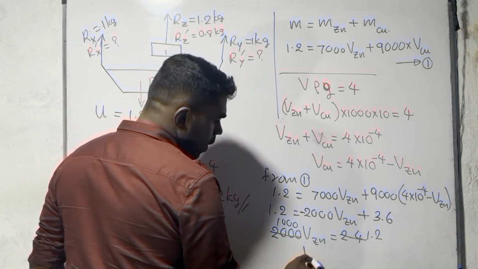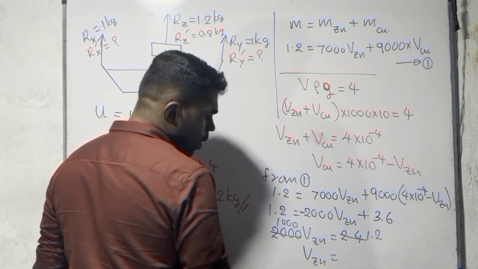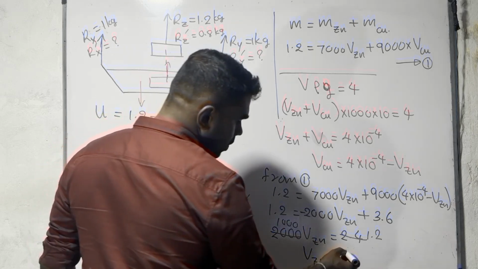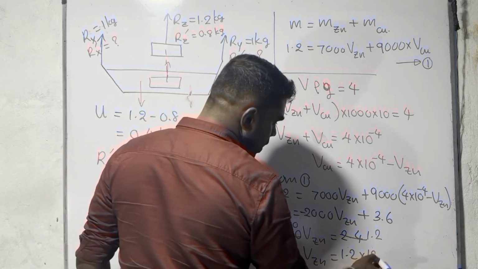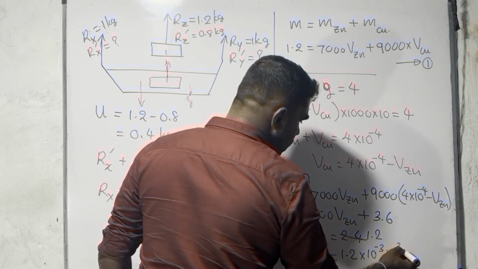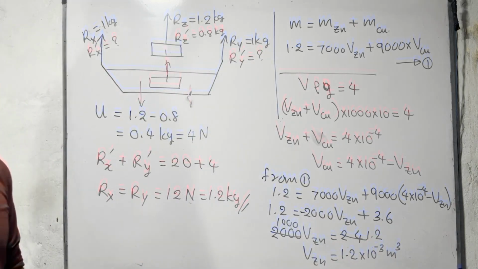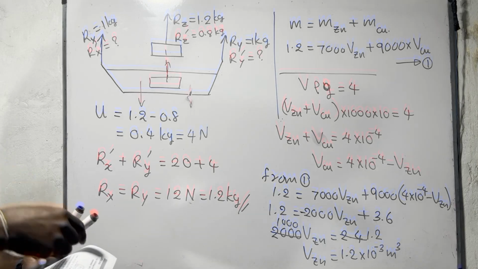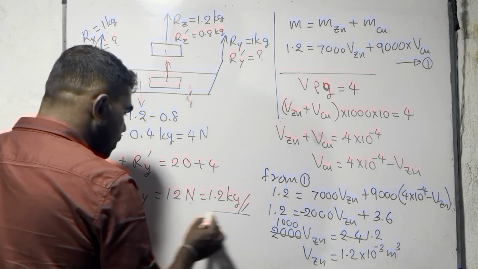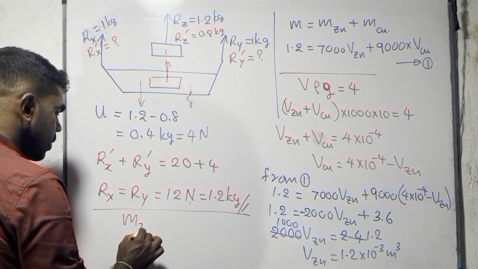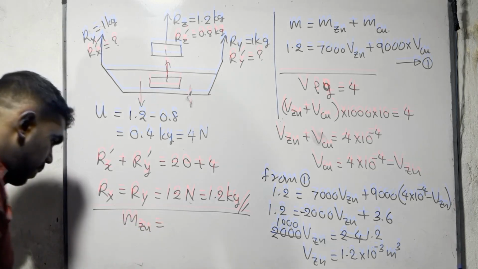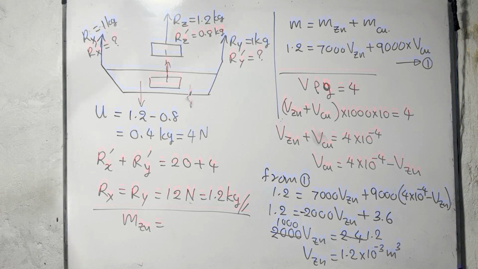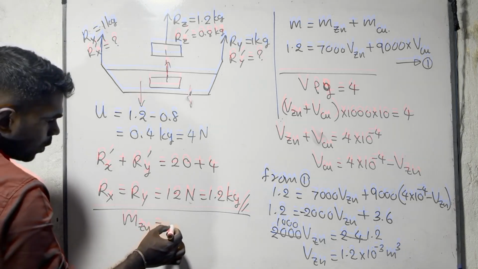Zinc volume is 1.2 into 10 to the power minus 3 cubic meters. Now we have to find the zinc mass. Then we can get zinc mass: density equals mass divided by volume. Mass is density into volume.